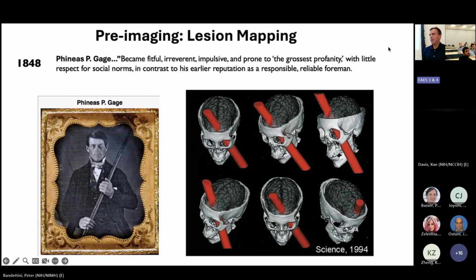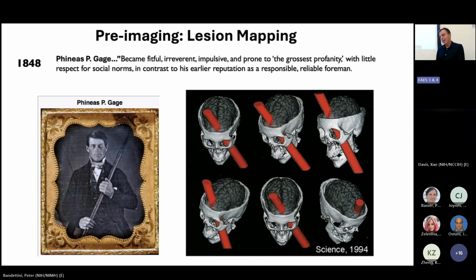But what's interesting is that he seemed generally okay, except his whole personality changed. According to the people that saw him, he became fitful, irreverent, impulsive, and prone to the grossest profanity with little respect for social norms, in contrast to his earlier reputation as a responsible, reliable foreman. So that was the first hint.